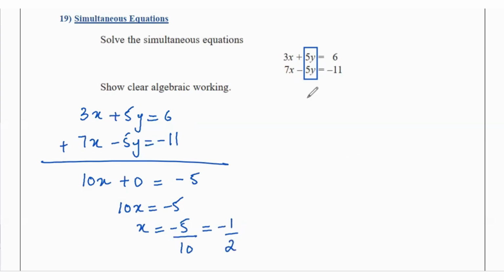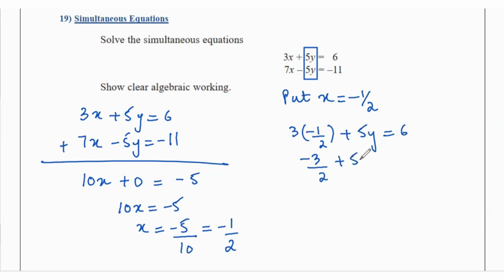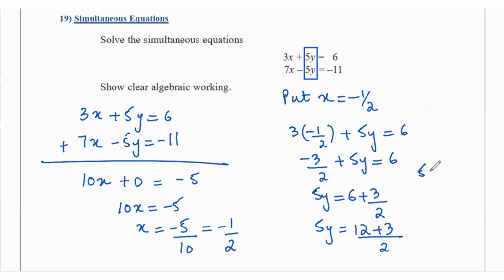Once we have the x value, we can substitute the x value into either of the equations to get the y value. So 3 times negative 1 over 2 plus 5y equals 6. Negative 3 over 2 plus 5y equals 6. 5y equals 6 plus 3 over 2, which is going to be 12 plus 3 over 2. 5y equals 15 over 2.